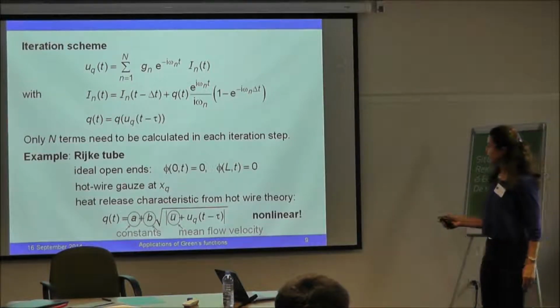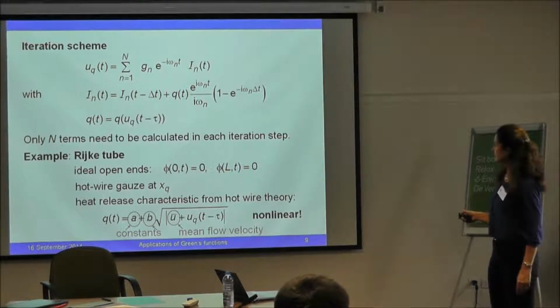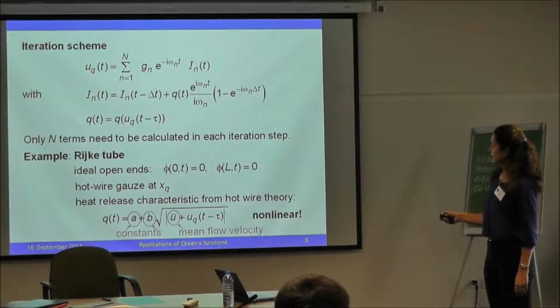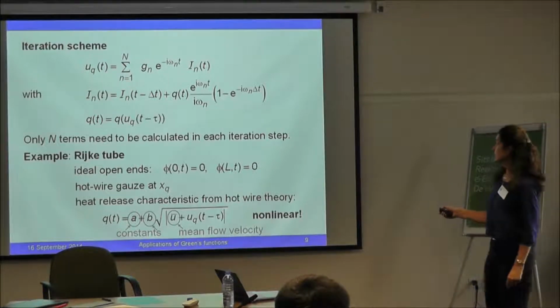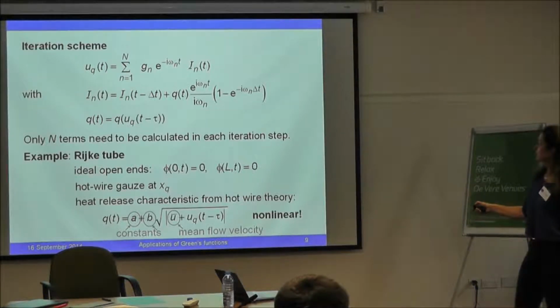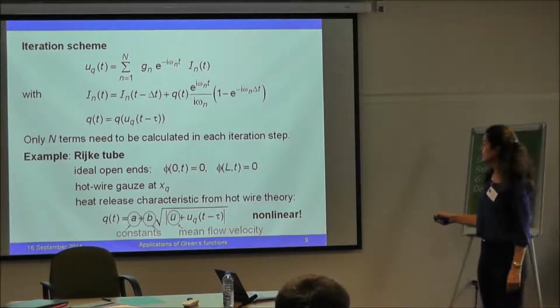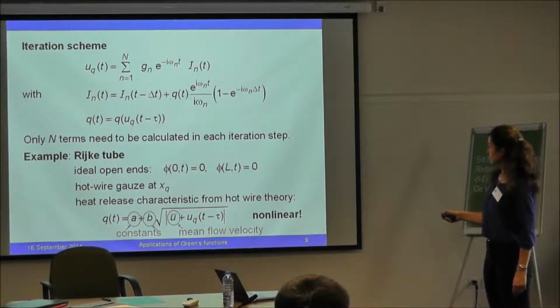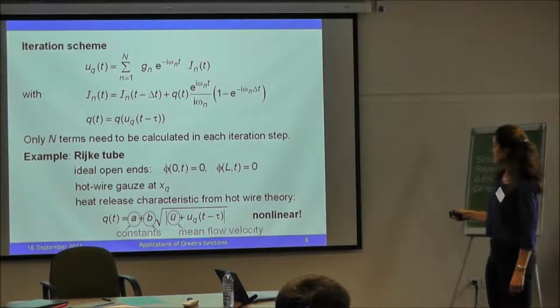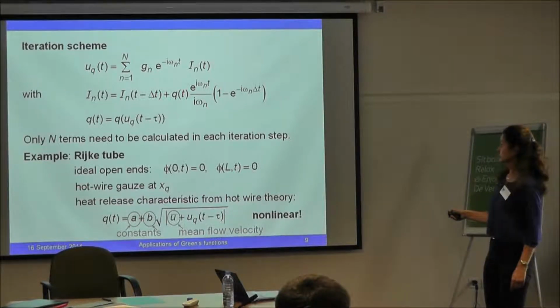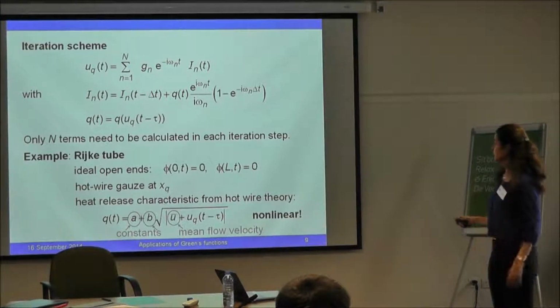Right, so I've written down on this slide our new iteration scheme. We have our velocity given as a sum. The g's we know, the omegas we know, and the I_n's are the quantities that are iterated. And the iteration is described by this equation. We have the previous I_n, and then plus this term, which can be calculated very easily. We know the q, and these are just exponential functions.